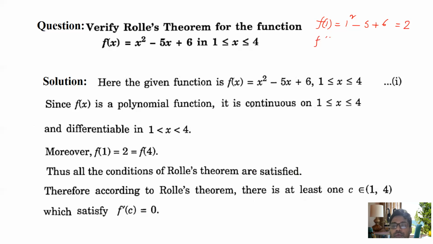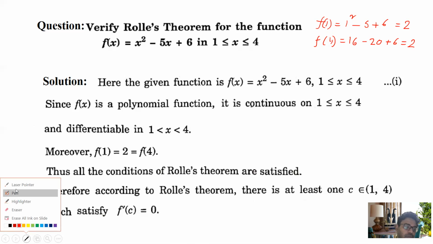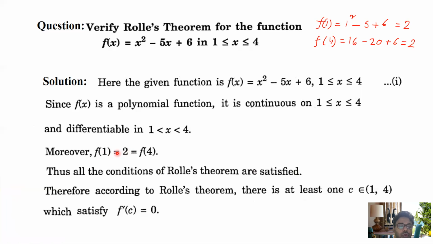Now f4 is equal to 16 minus 20 plus 6, which is 2. So for this reason, clear? This is the logic behind this. f1 is equal to 2, f4 is equal to 2. I substitute here. Okay.